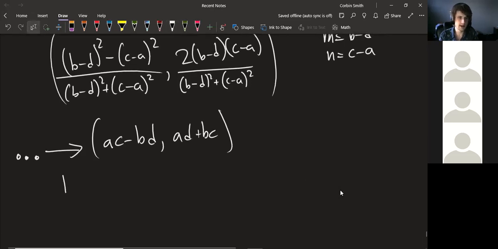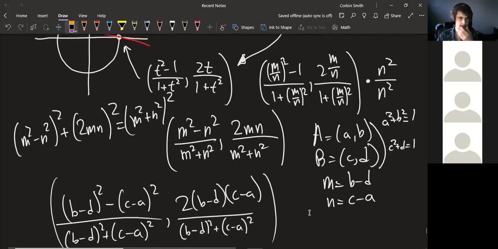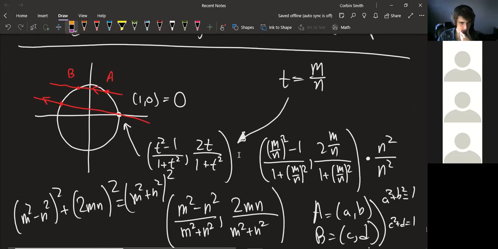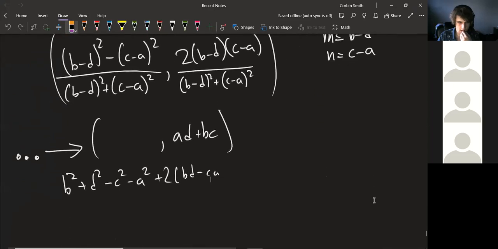So if we rewrite this, we get b squared plus d squared minus c squared minus a squared plus 2 times (bd minus ca). And this is still backwards. Is it? Did I do something stupid like flip the slopes again? Just at the top. Oh, sorry, at the bottom. CA would be plus CA. AC.